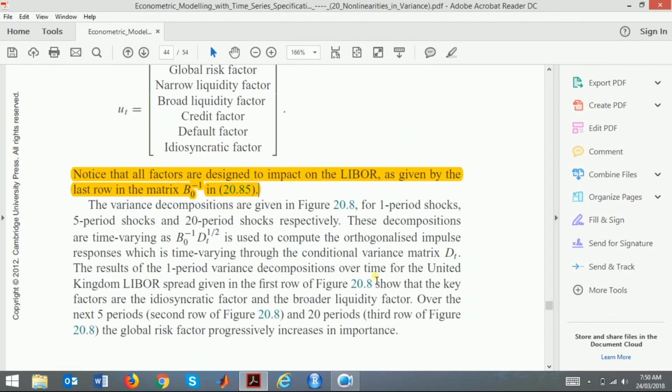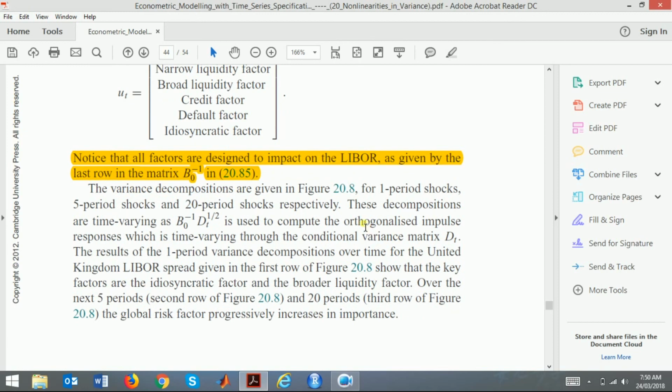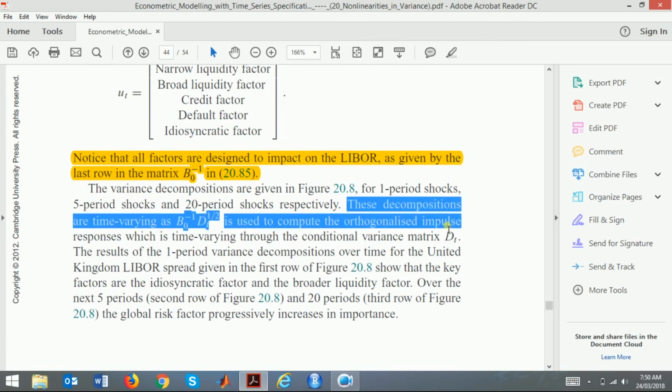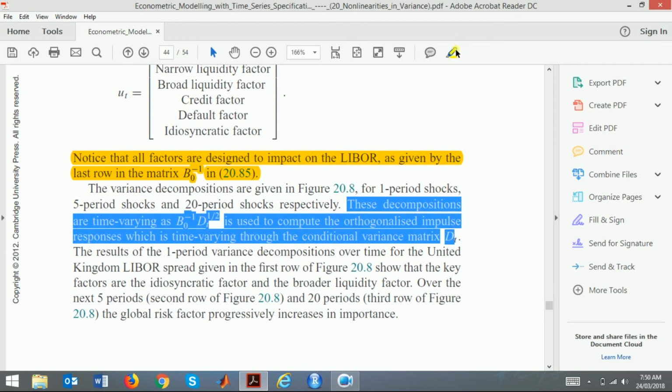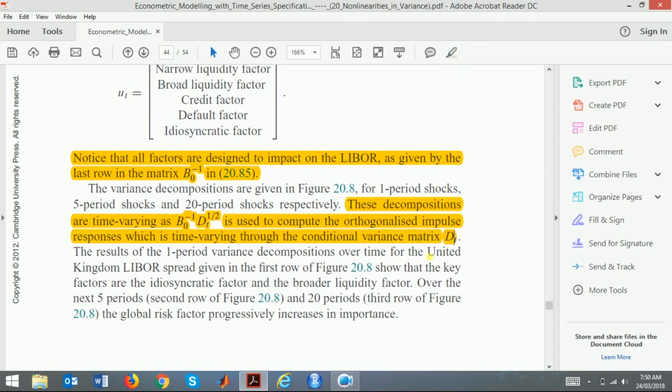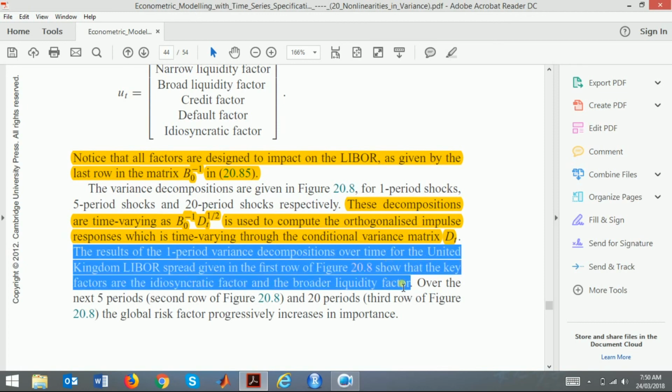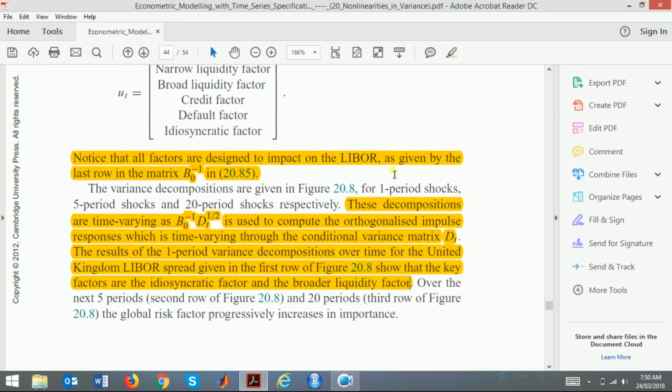One period, 5 period, and 20 period shocks. The idea is to compute orthogonalized impulse responses, which are time varying through the conditional variance matrix. The variance decompositions for 1 period, 5 period and 20 period shocks are given.